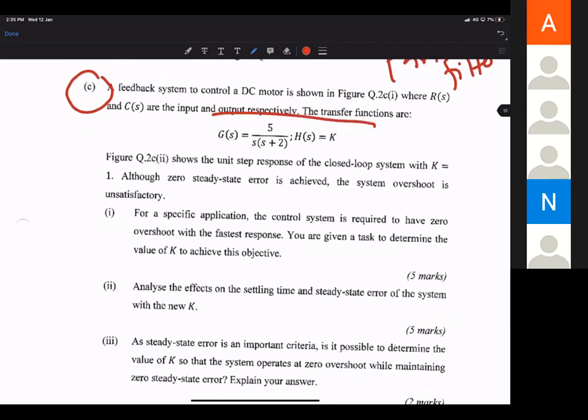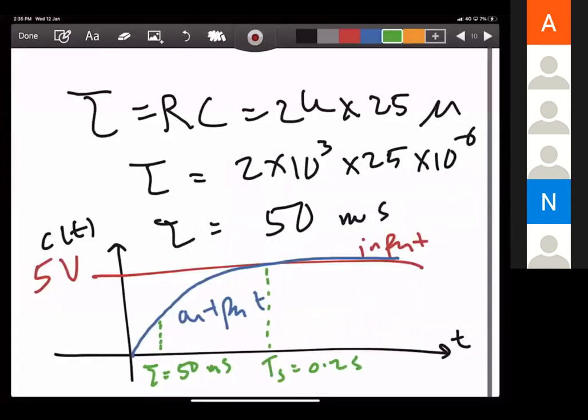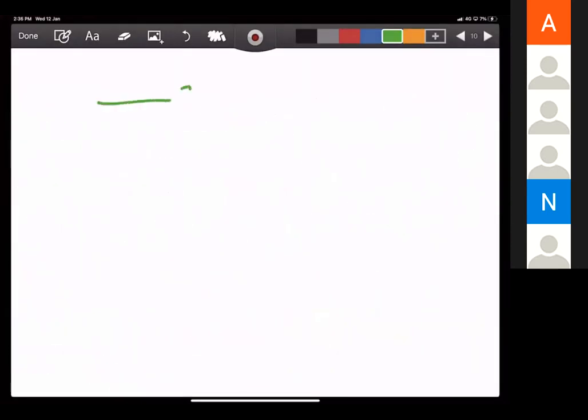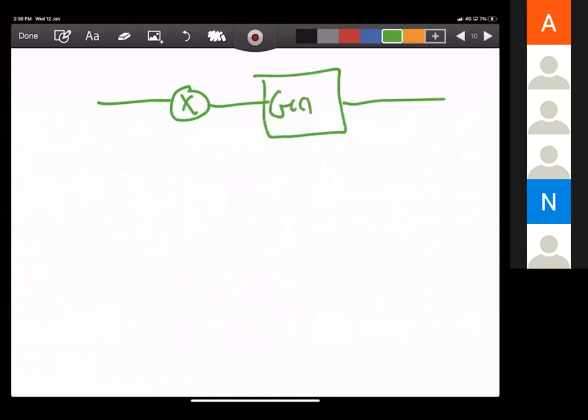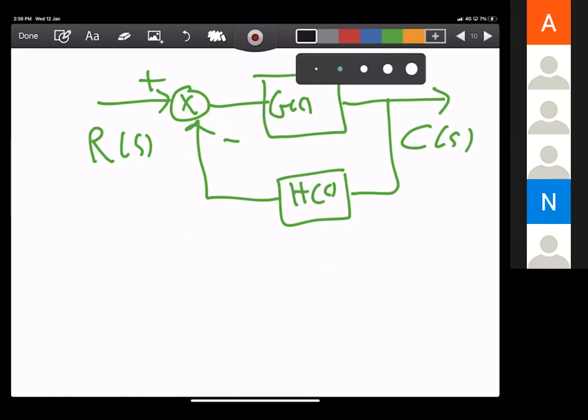So you are given GS and HS. Faham tak apa soalan tu? What is GS?